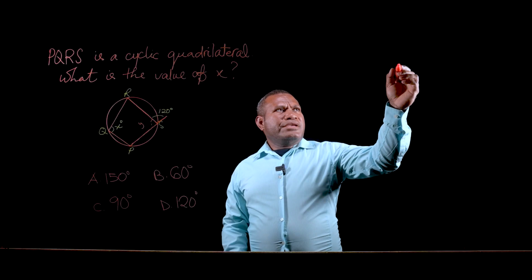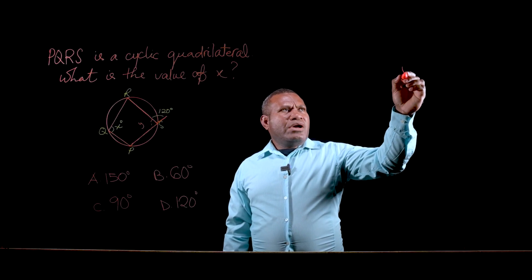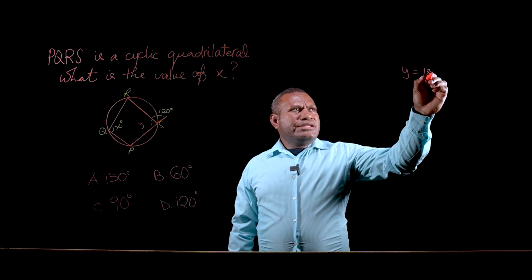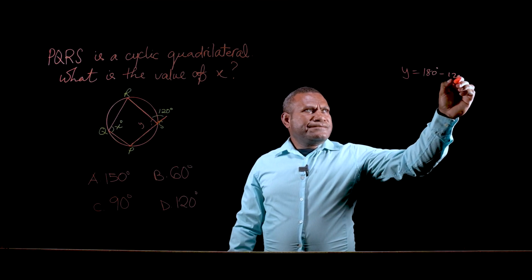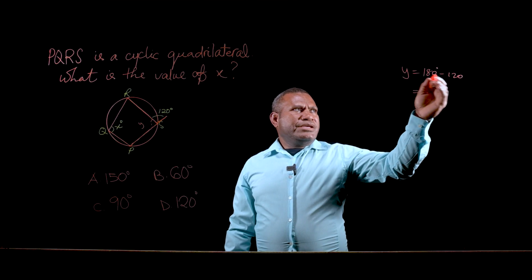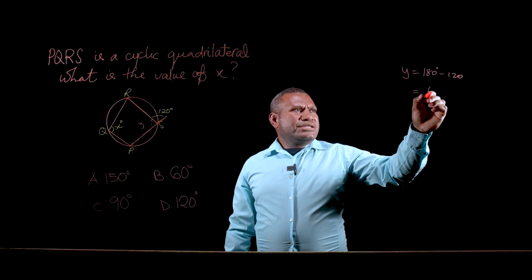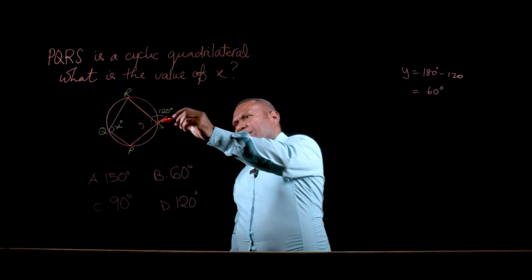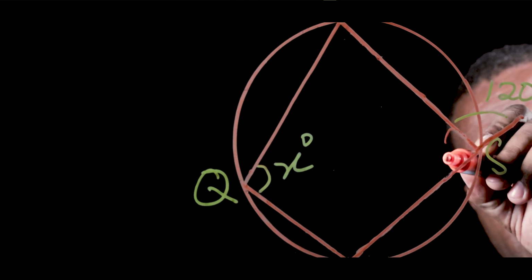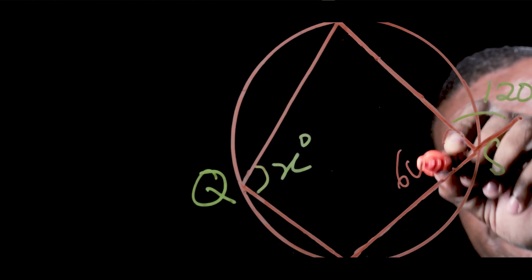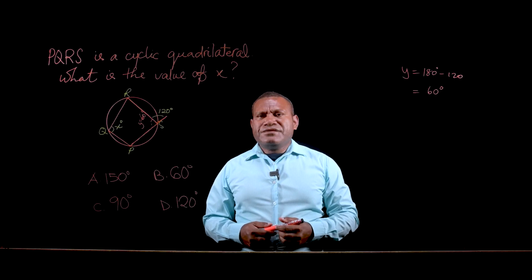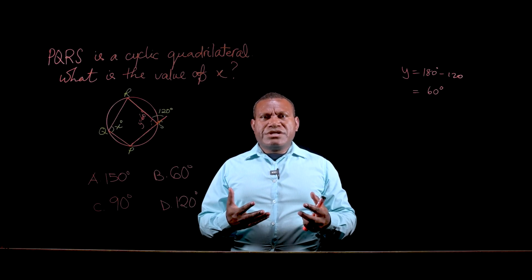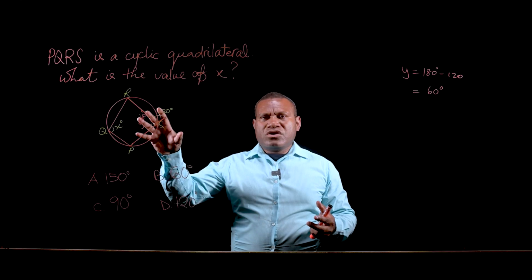So y will be equal to 180 degrees minus 120. So that would be 60 degrees. Okay, so this angle here is 60 degrees.